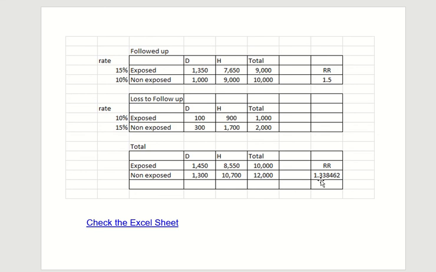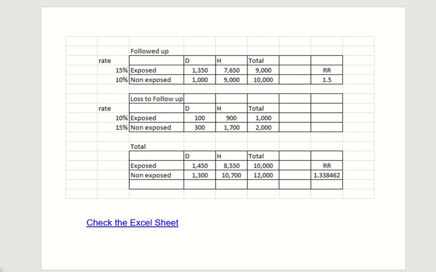And every time I make a different hypothetical situation, I come back and I recalculate the total relative risk to see what would happen. Okay? So here I'm showing you the setup where hypothetically I read it 10 and 15%.